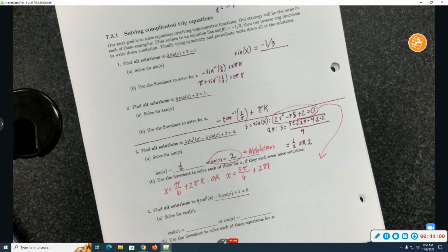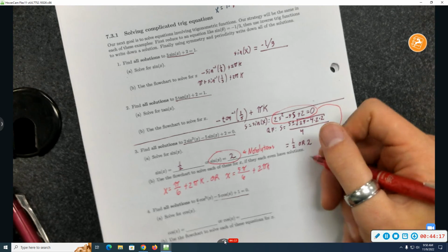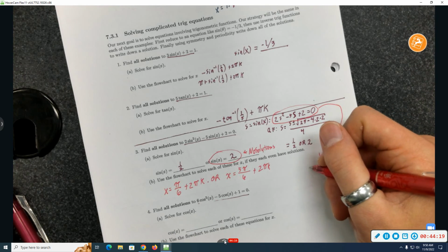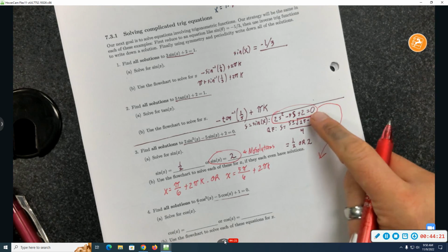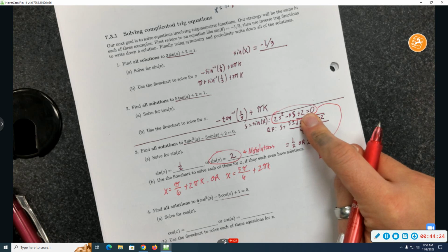So that's a degree 2 polynomial. So we have good techniques for degree 2 polynomials. But we also have techniques that just solve polynomials. So let's try to use that. Let's try to use the rational roots test. So by the rational roots test, what's the list of candidates to be a solution to this equation? Well, the numerator would have to divide the constant term, so that's 2.